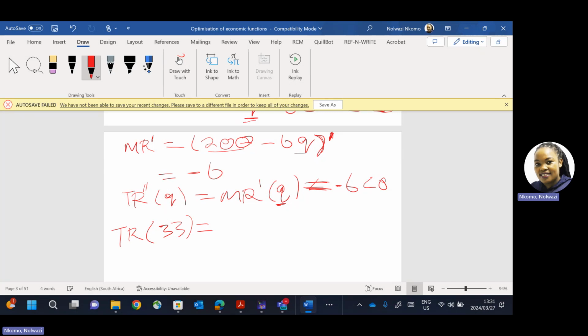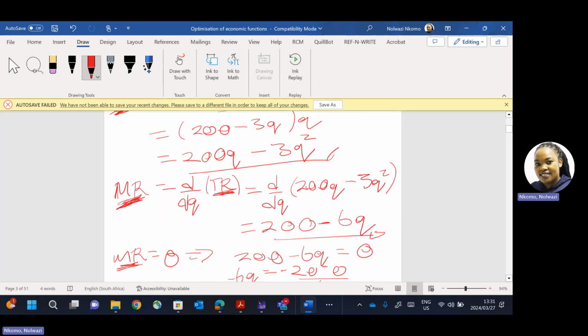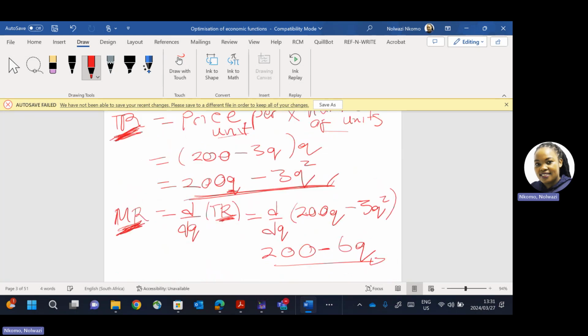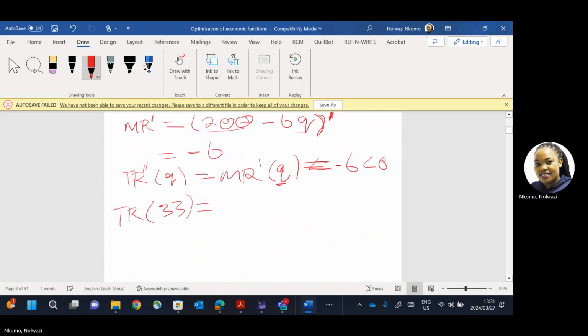This was the total revenue, so where there is Q, substitute this with 33. So we'll have 200 times 33 minus 3 times 33 squared. And if you punch this in your calculator, this is what you should obtain.